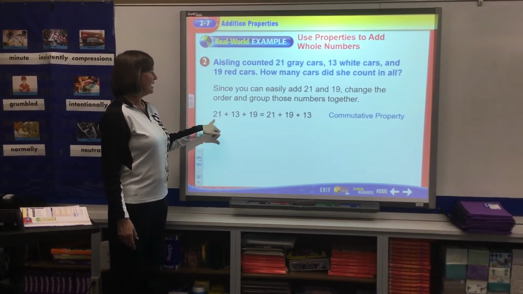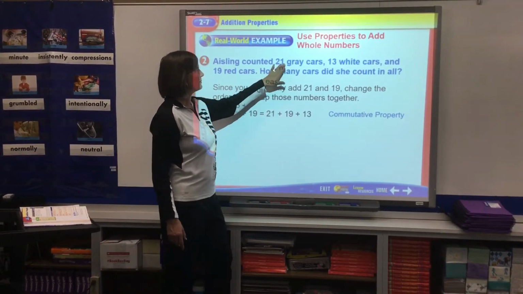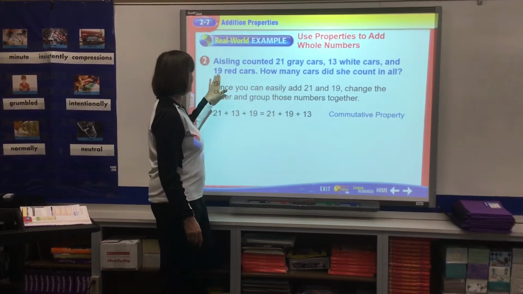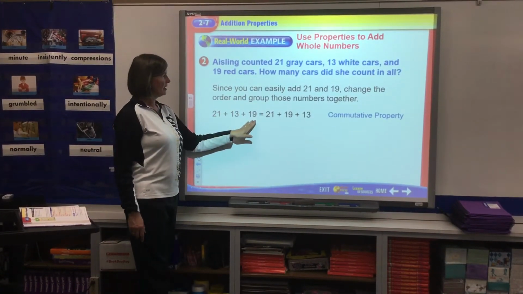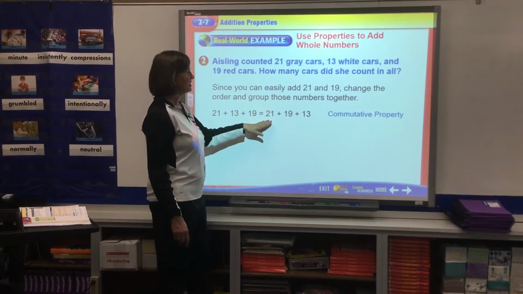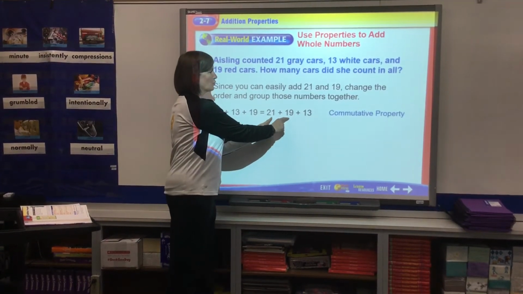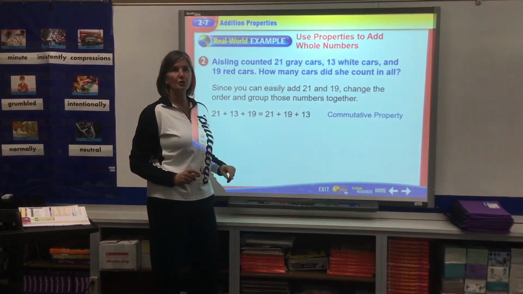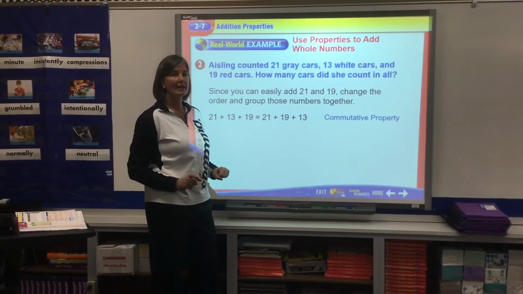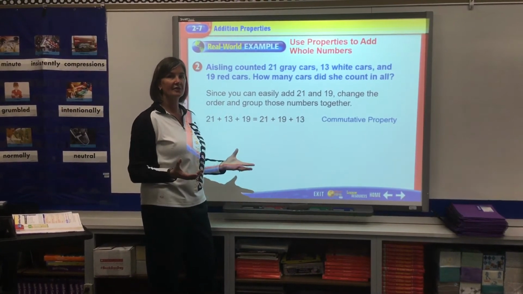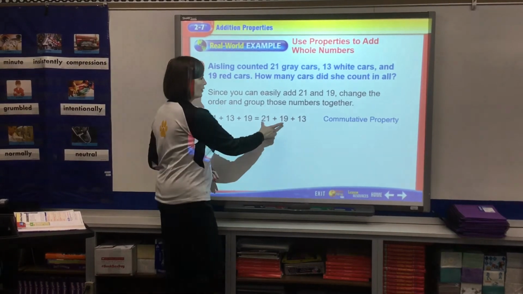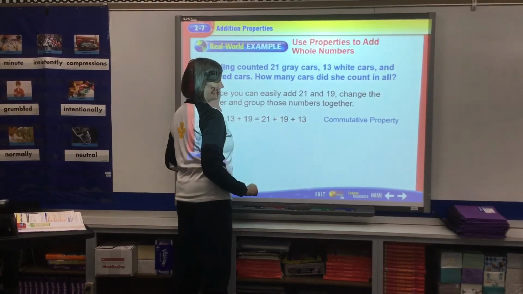All right, so they started off and took each number, 21 plus 13 plus 19, and then they just changed it because they saw that these were, as Mrs. Yost used the word earlier in this chapter, compatible numbers, meaning they add together easily. And so they put those two by each other and then added the 13 on.